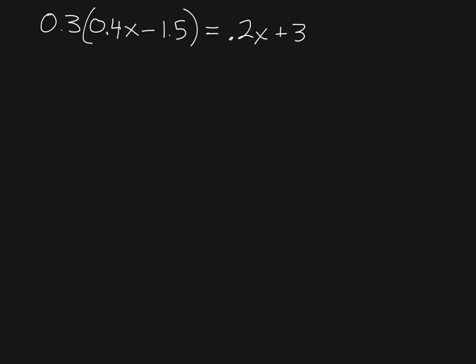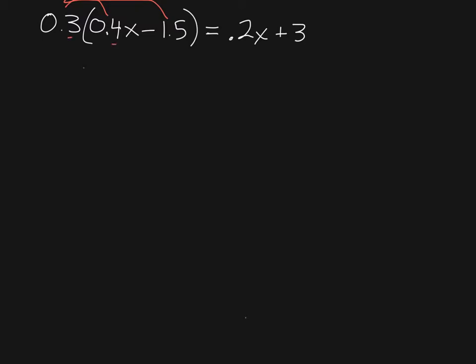Here's another problem involving decimals. This time we have an extra step involved. We're going to have to distribute to get this problem started. So if I multiply both of these by 0.3, 0.4 times 0.3, I know 3 times 4 is 12, and I have 2 decimal places.